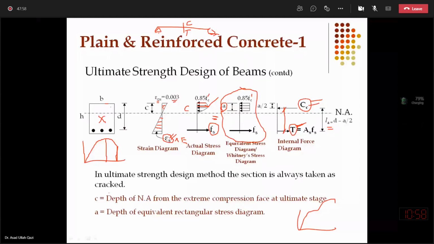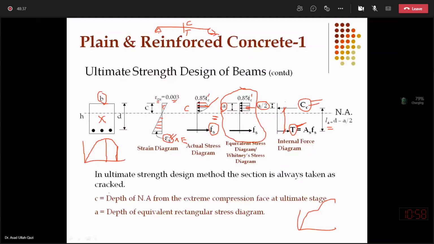So if I have the uniform stress present on area a into b, I can very easily calculate C. And this C will be applied at a distance from top a by 2. So very easily I got the C value by multiplying uniform stress with the area a into b, and I also got the point of application of C, which is at a by 2, because stresses are uniform.